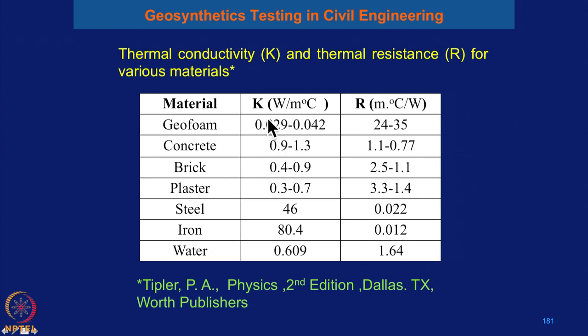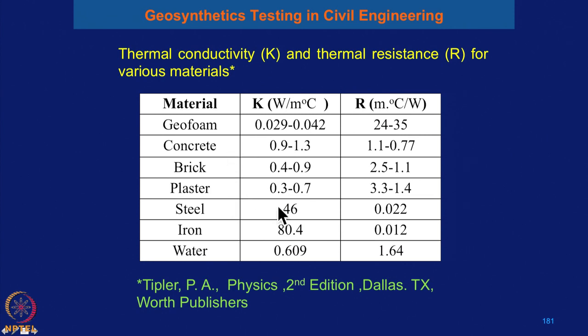This is the thermal conductivity K, these values are given, and this is the thermal resistance R for the different types of material. You can observe the thermal conductivity and thermal resistance for the geofoam and other materials.